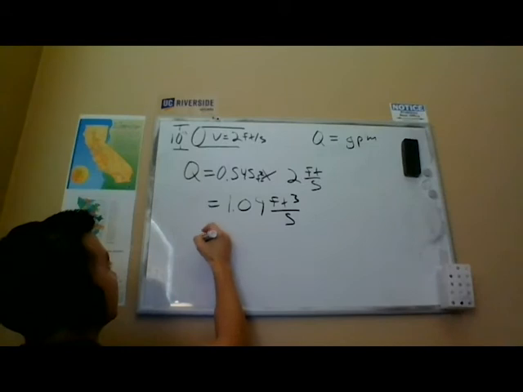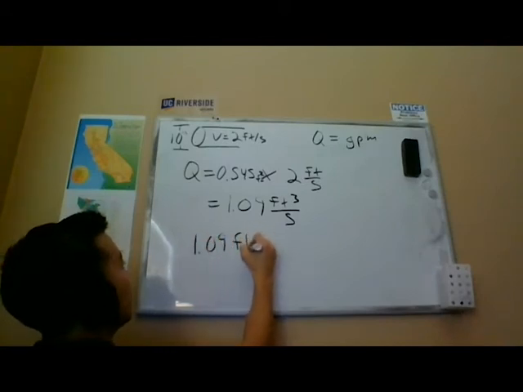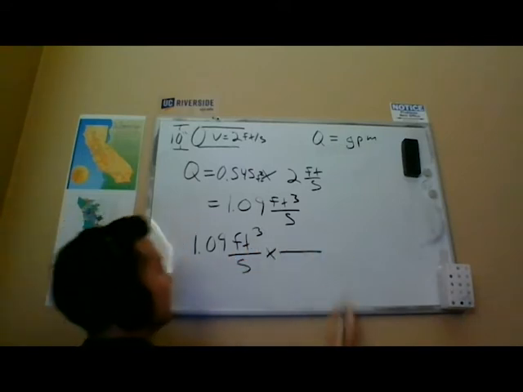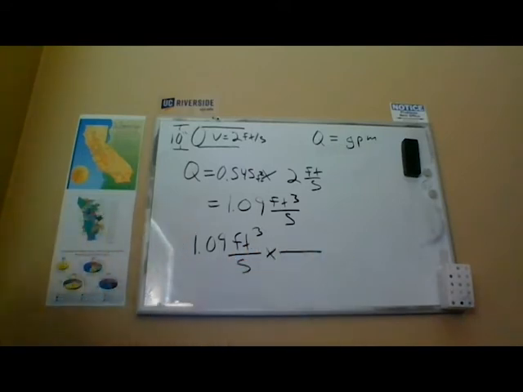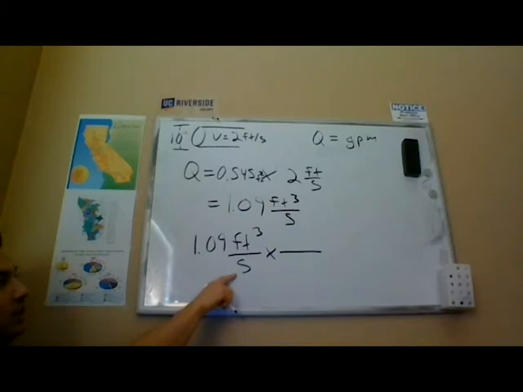So we'll start with the 1.09 cubic feet per second. Now I have to have some type of conversion factor here. In this case, I need to get rid of both the cubic feet and the seconds, because I'm trying to get to gallons per minute. I typically like to tackle the volume side of things first.